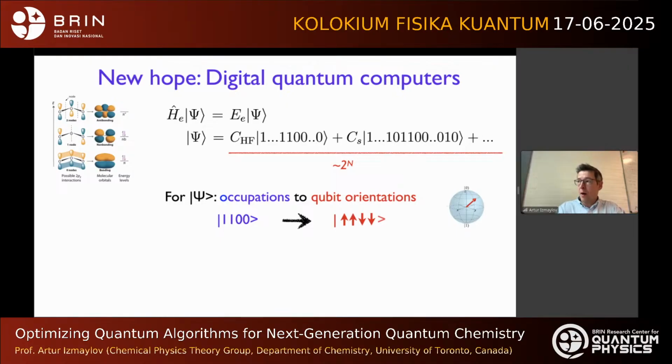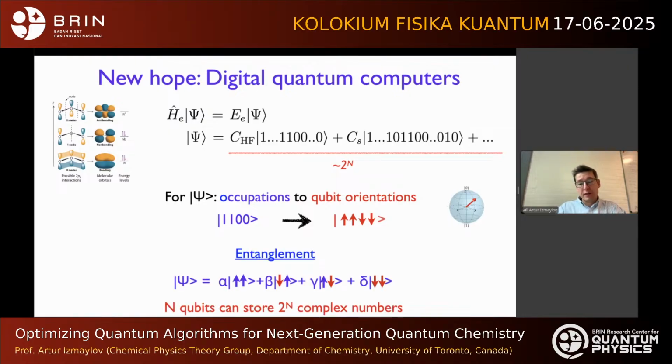You could think of zeros and ones mapping to up and down qubit orientations. That's one way to think about it. Or you could simply say zeros and ones map to levels of the qubits.